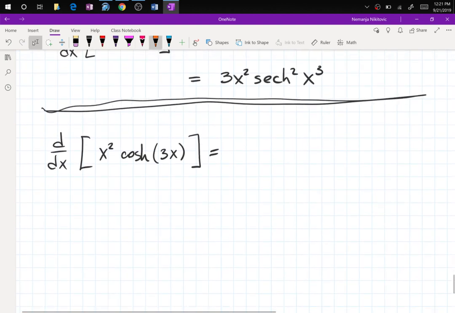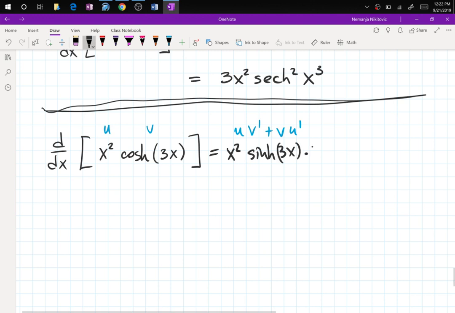So if you recall, the product rule was this is u, this is v. You have u v prime plus v u prime. So let's go. Copy the first one, which is x squared, times the derivative of the second one. The derivative of cosine hyperbolic is sine hyperbolic 3x.